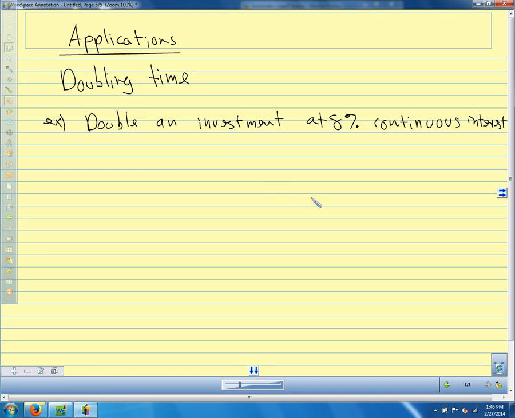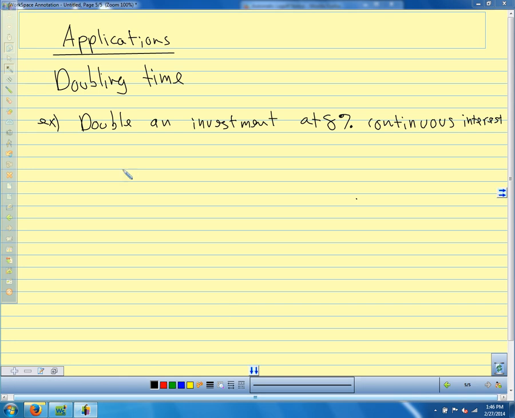So our continuous interest formula is, what is it? Our amount equals P e to the RT.